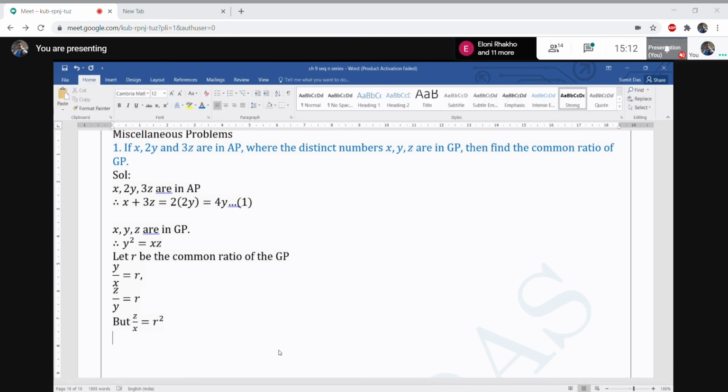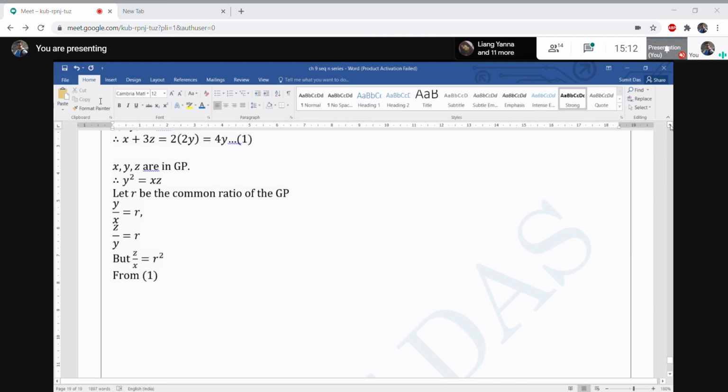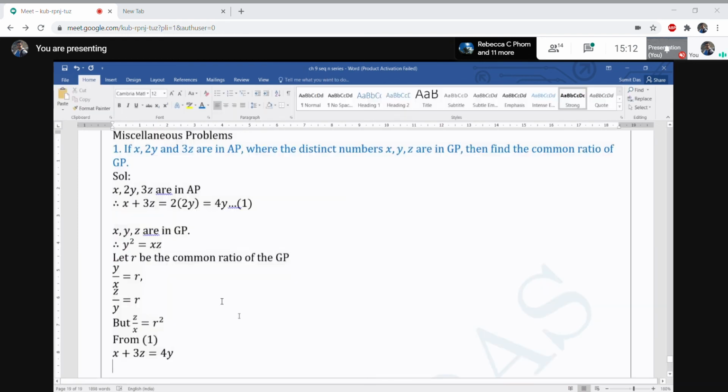Now from equation 1. What is equation 1? x plus 3z equal to 4y. That is equation 1.